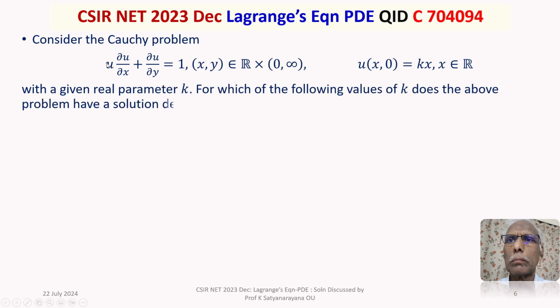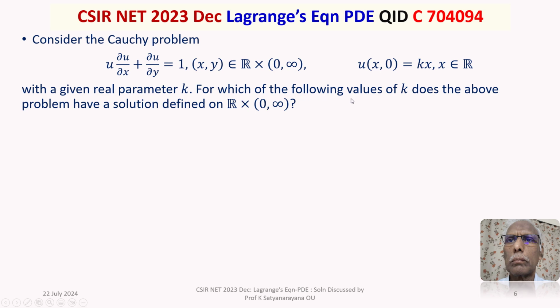So you are given a Cauchy problem where (x, y) comes from R × the open interval (0, ∞), and the boundary condition is u(x, 0) = kx, x belongs to R, where k is a given real parameter.